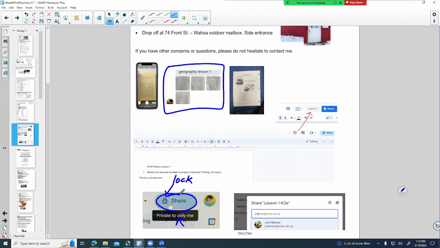So if you want to share that with a teacher, you click the share button, it will unlock it, and you will be asked to input an email address. So in this case, it's jmercer@nnec.on.ca. Once you enter that in there, then you can customize how you want to share it with me, whether I can edit it or you're just sharing it for me to view it, and then I can simply print it off and submit your work for you.